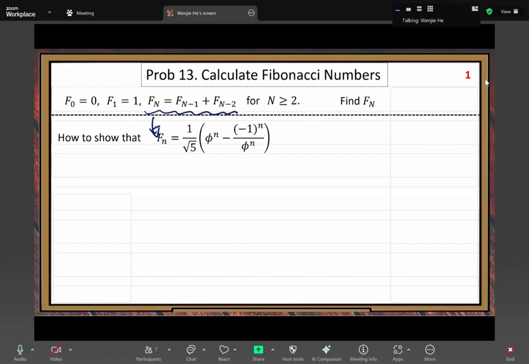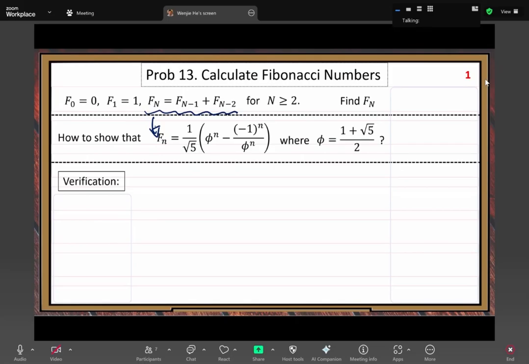Mathematical induction is a rigorous way to show whether a given formula is correct or not. Very powerful. So for the verification step, our first base case verification is to plug in.